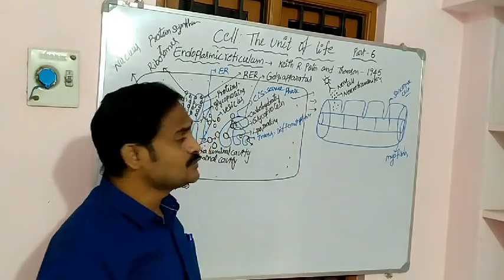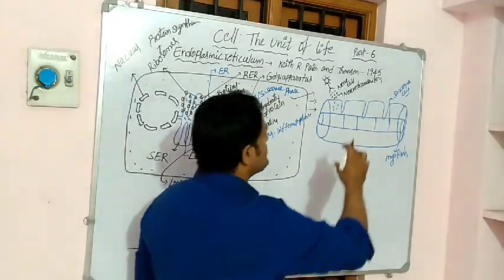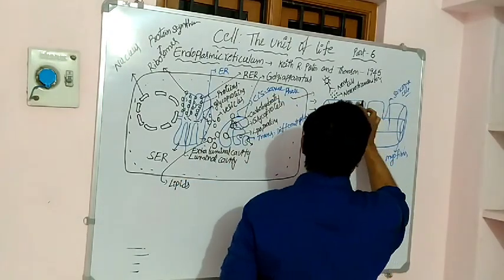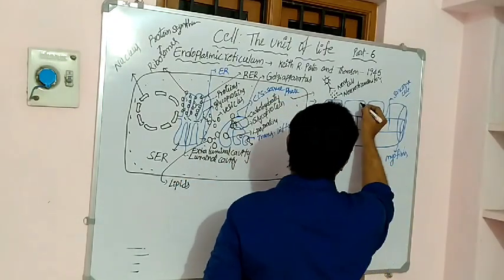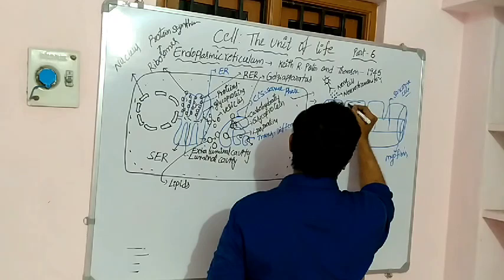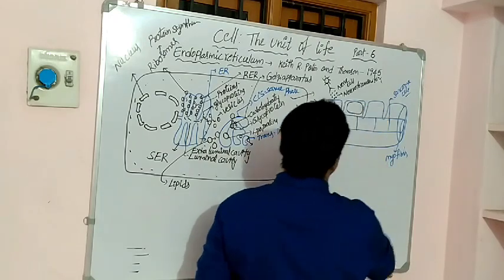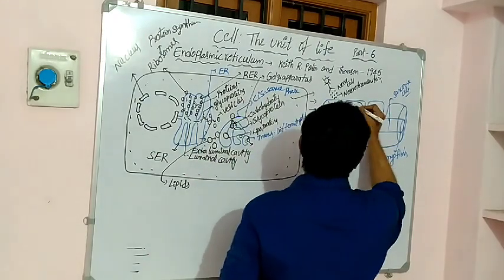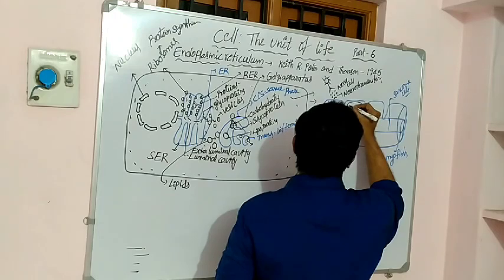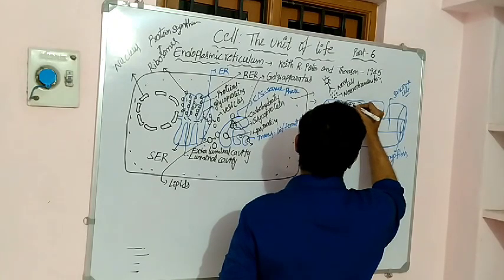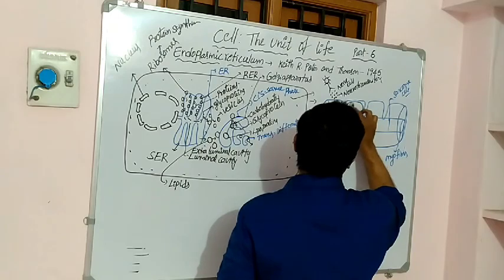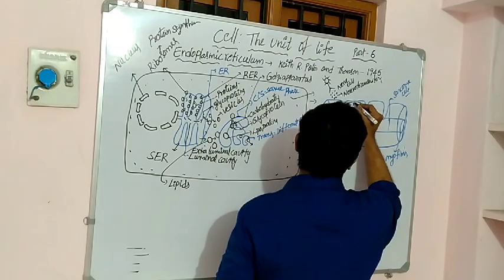During this time, inside the muscle cell, this is part of the muscle cell. For example, inside the muscle cell, it consists of the smooth endoplasmic reticulum like this. Suppose this is smooth endoplasmic reticulum.